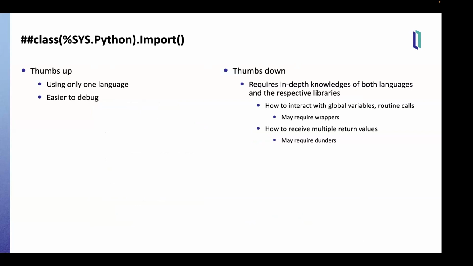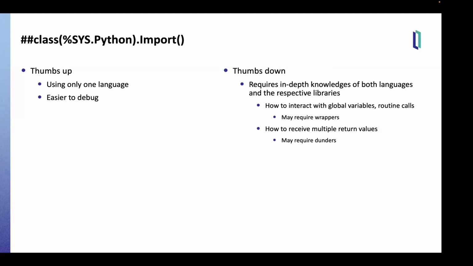Those may require wrappers on the ObjectScript side, or if, let's say, a Python method returns multiple return values, then you won't get that as 3 individual return values back, but you will get 1 return value back. And then you need to use the dunders, in this case, __getitem__, to retrieve the individual return values from that tuple. So that just requires a lot of understanding of how those two languages work together.